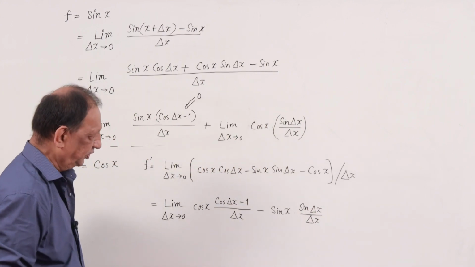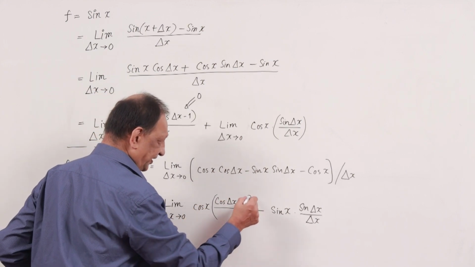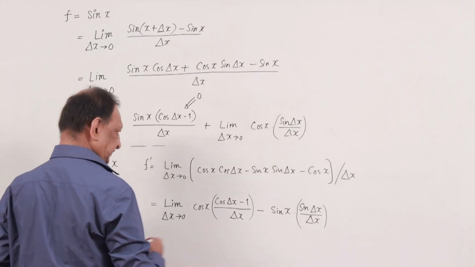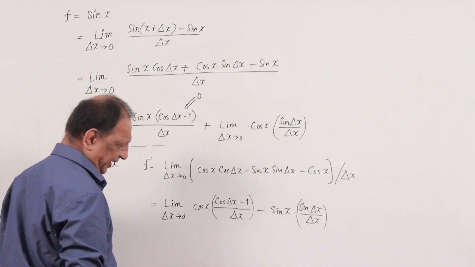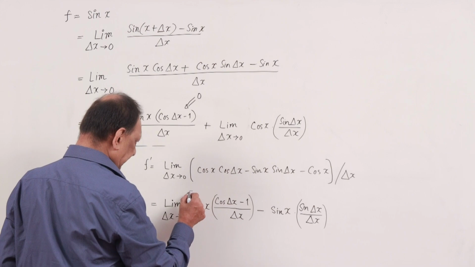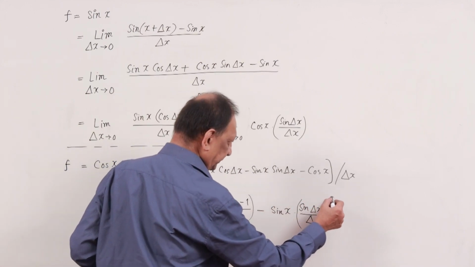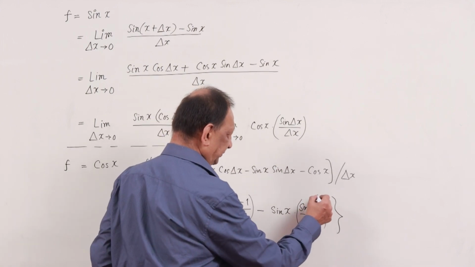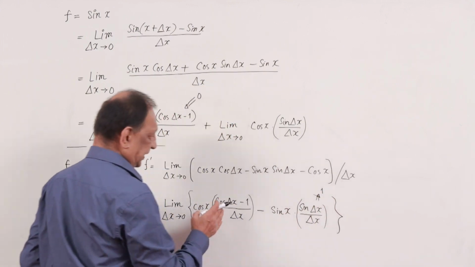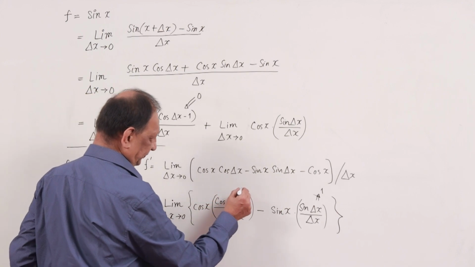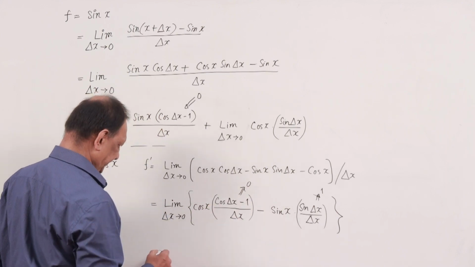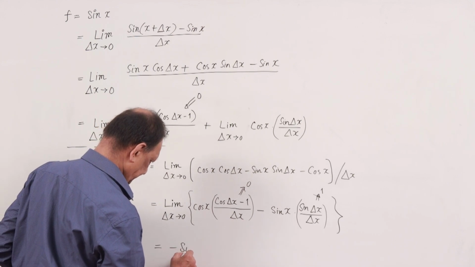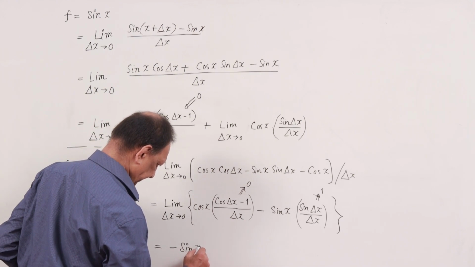So we got our two favorite limits here. Sin delta x by delta x. I should have written limit there, but it doesn't matter. So this tends to 1, no question. Cos delta x minus 1 by delta x tends to 0. You've seen that? So obviously the result of this would be minus sin x.